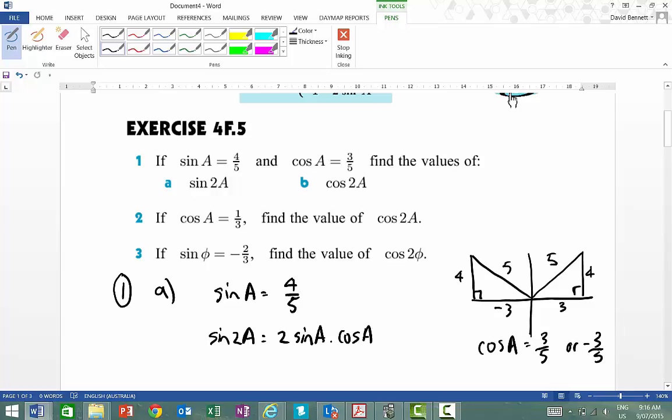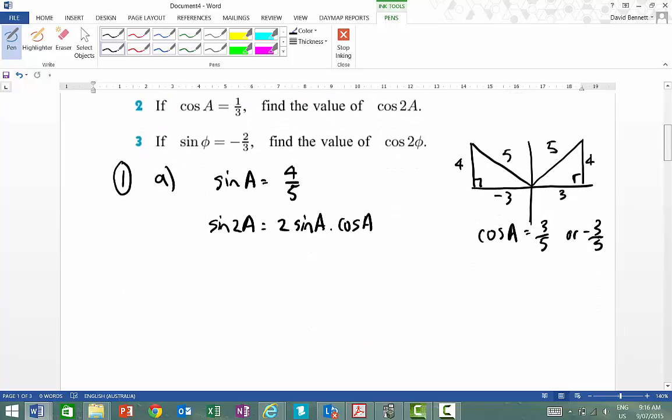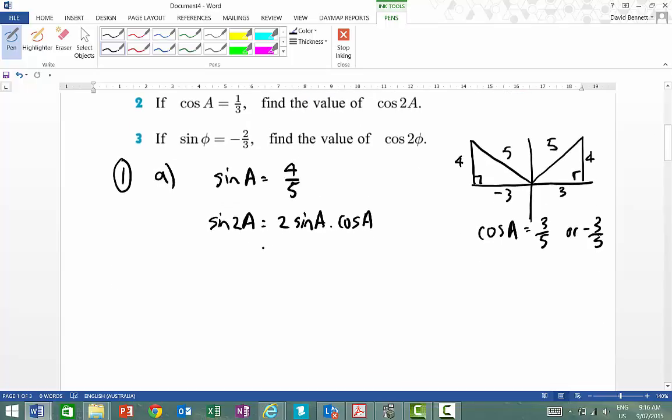Alright, so if that's the case, let's just do the positive one first of all. We would know that's equal to 2 lots of sine of a, which is 4/5, times 3/5. When we multiply that all together, 2 times 4 is 8, times 3 is 24, and then 5 times 5 is 25, so it's going to be 24 on 25. So that's what sine of 2a would be equal to.